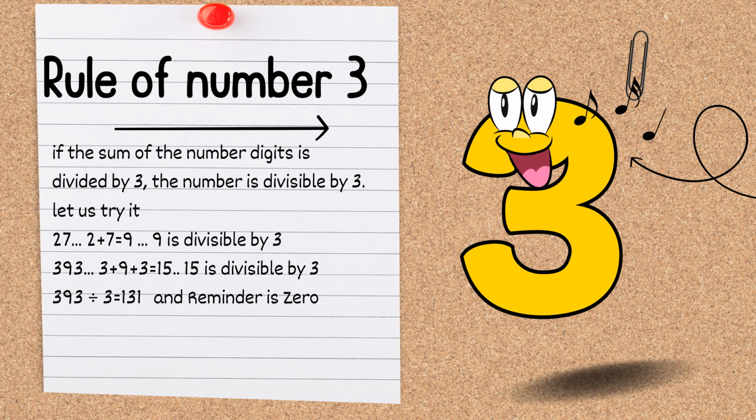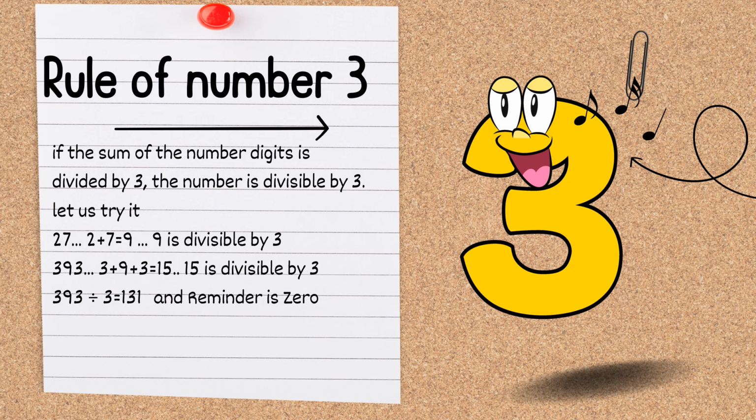If I have a number like 27, the sum of the digits is 2 plus 7 equals 9. So 9 is divisible by 3 because it is a multiple of 3. So the rule works.